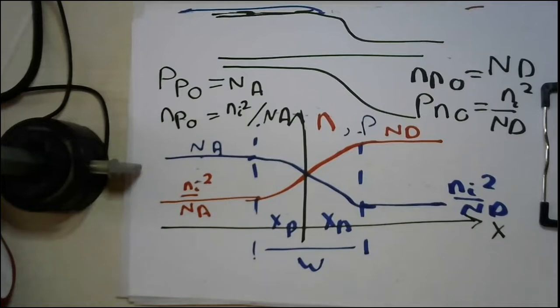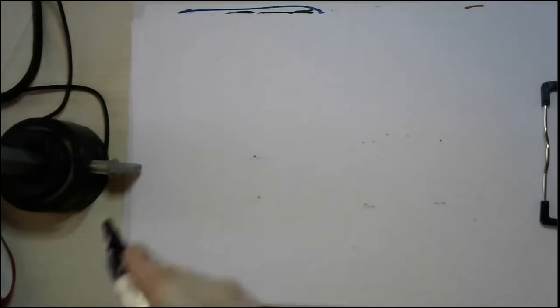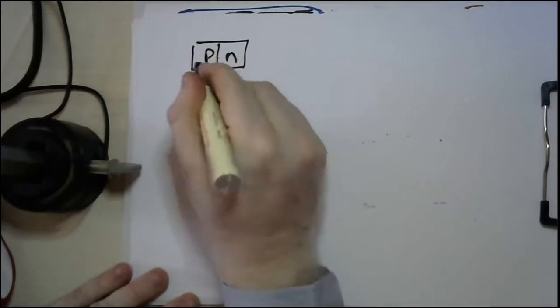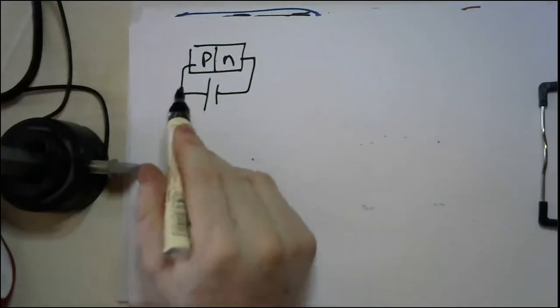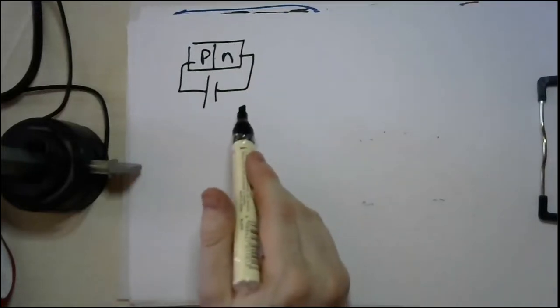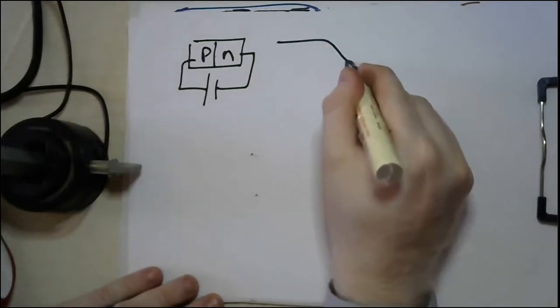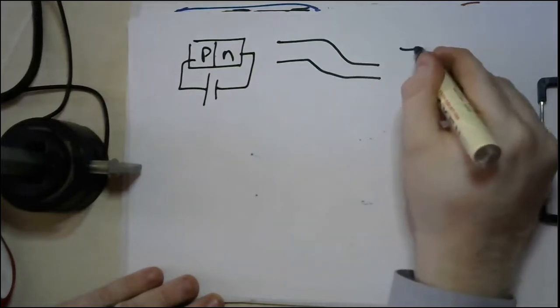And let's first think about what happens when your junction is under forward bias. If you remember, a forward bias means to connect the P and N in this manner. So this voltage is against the built-in potential. Accordingly, the energy band diagram shifts from being like that to be like that.